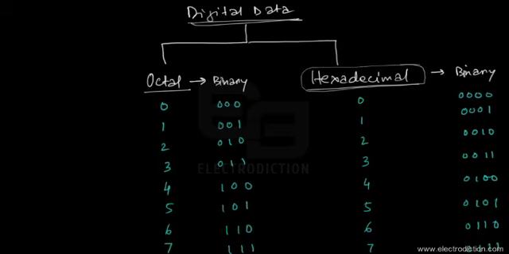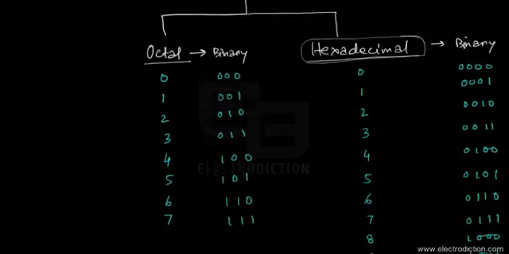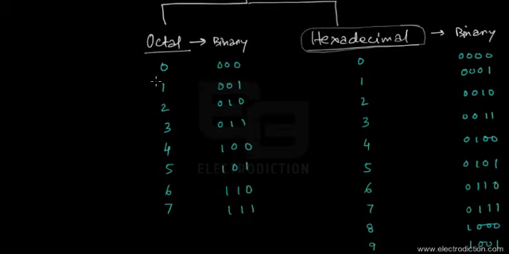So here we are with the charts concerned. You can see that the octal number system contains digits from 0 up to 7, so it's basically a base 8 number system.